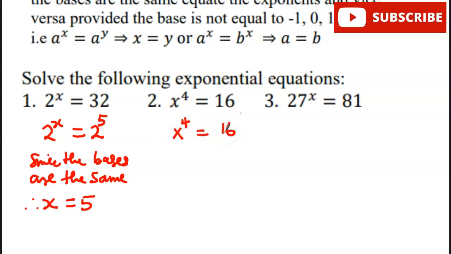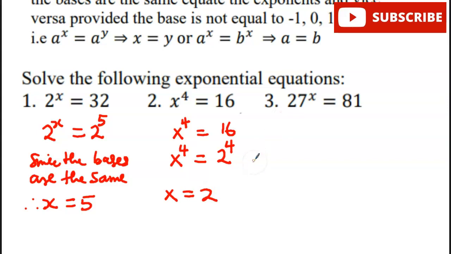So you ask yourself, can I express 16 in terms of a number which is to the power 4? So the left hand side, x to the power 4 is equal to, 16 we can write as 2 to the power 4. Now the principle is, if the exponents are the same, then equate the bases. So this one, x is equal to 2.